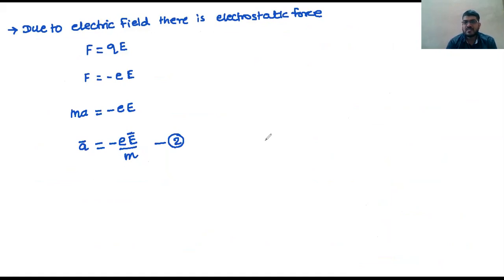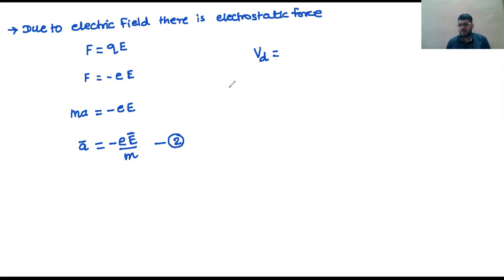Now, for the initial case and final case, can I write like this? We have one kinematical equation, v is equal to u plus at.